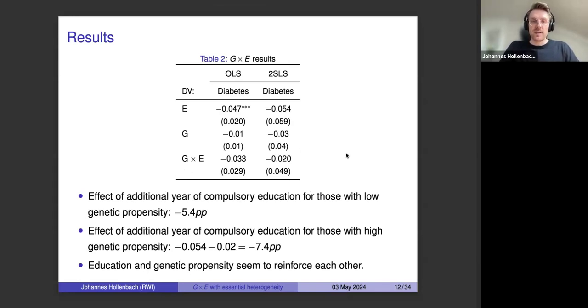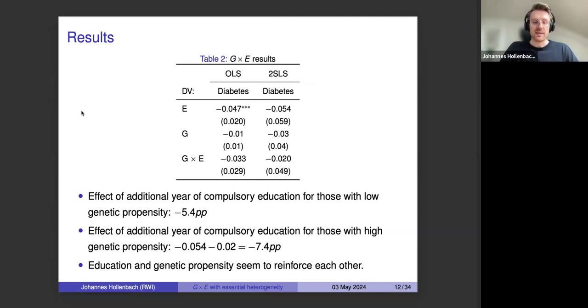And this would then, according to what I've shown you in the beginning, lead us to conclude that education and genetic propensity seem to reinforce each other, because the E and G by E coefficients have a sign that goes in the same direction. Now, as you probably can see, we're lacking statistical significance here.